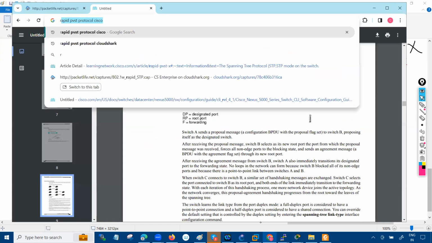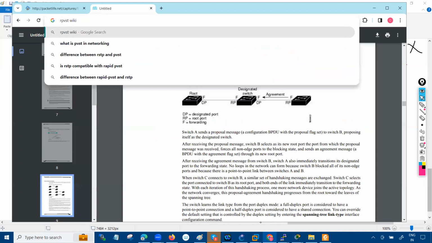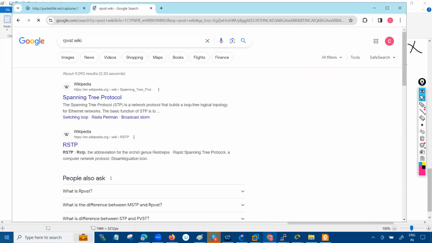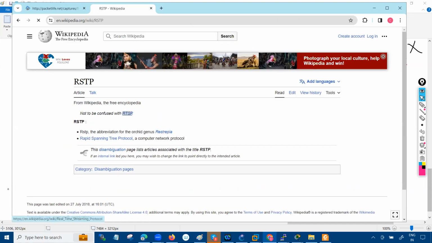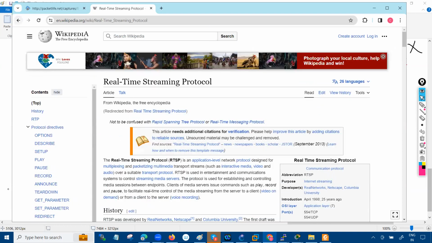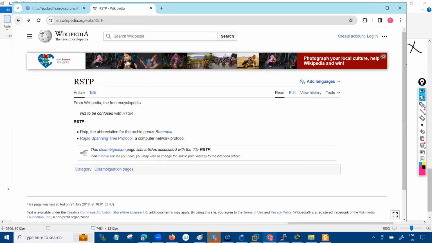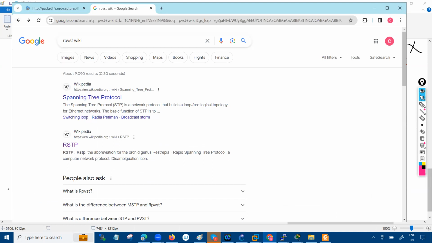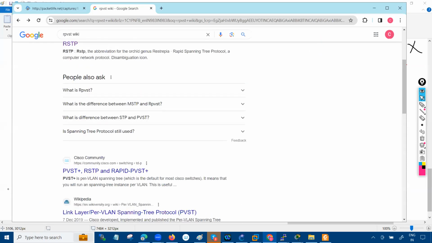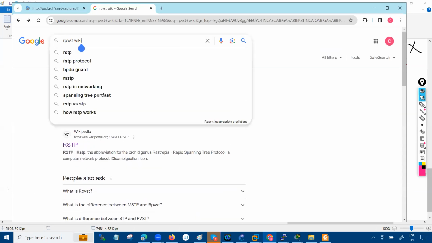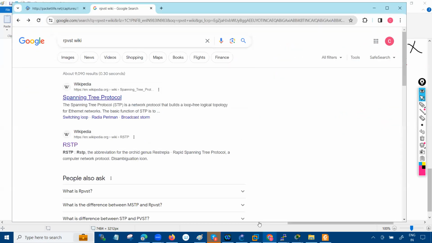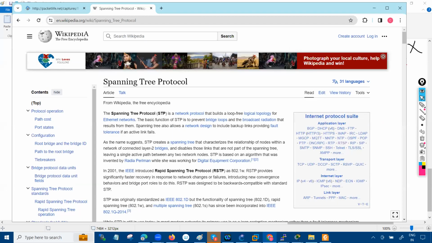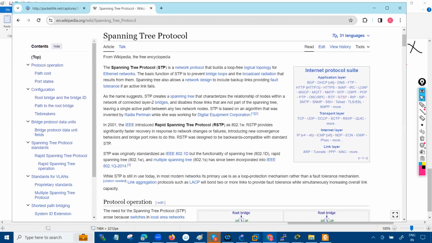If you see the RPVST Wikipedia, I just want to show you the timing, nothing else.